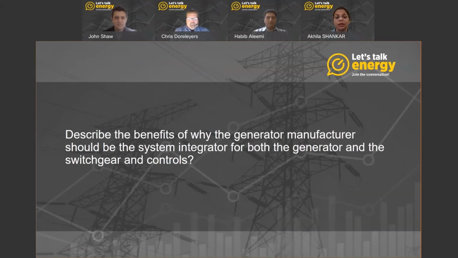to remember the generator is not just an independent component, but it's a complex, dynamically responsive piece of the total electrical system. And as far as the customer is concerned, it's a major investment for them.